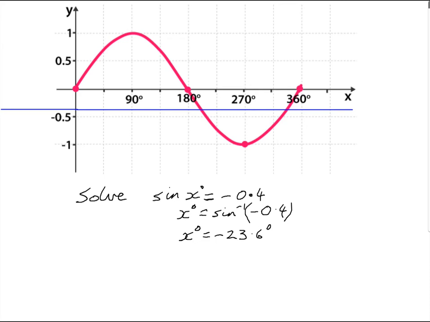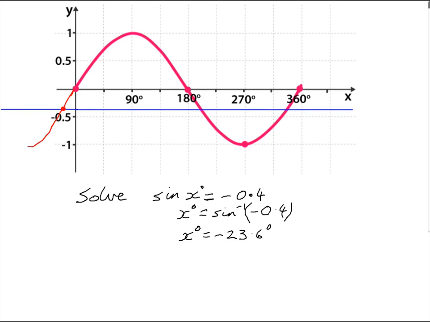Now, our graph only goes from 0 to 360. So how can we have minus? That doesn't make any sense. What your calculator automatically does is it gives you the closest solution to the origin. Now, if our graph continued, it would have gone back down this way, there. So that has given us this solution here.